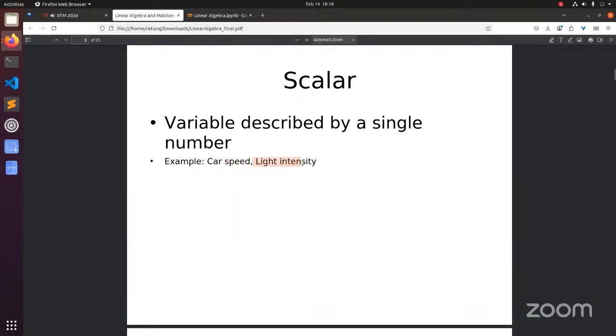Any such singular number that describes some property of some instance x is a scalar number x. So a scalar is just a single number.